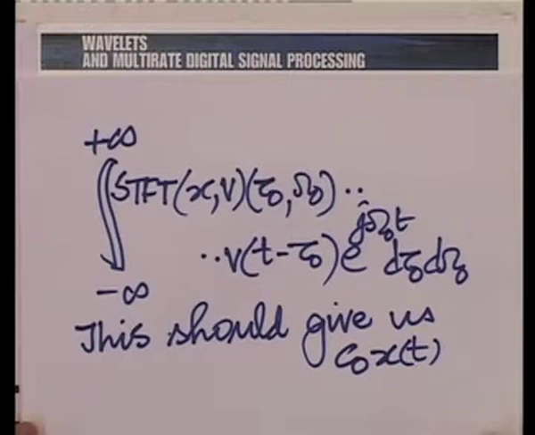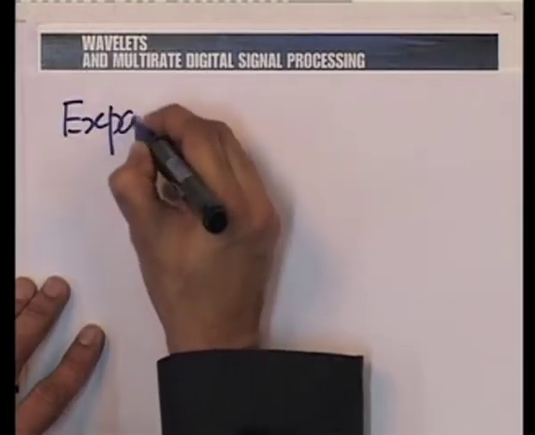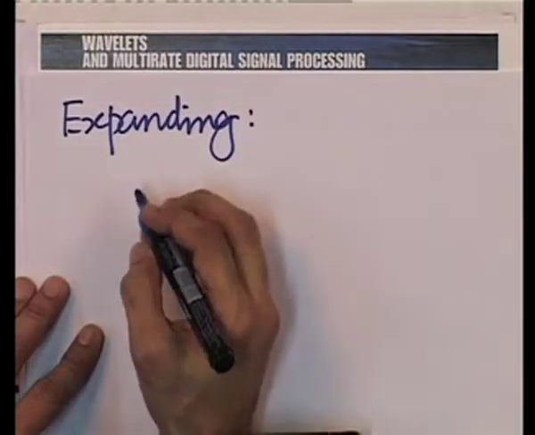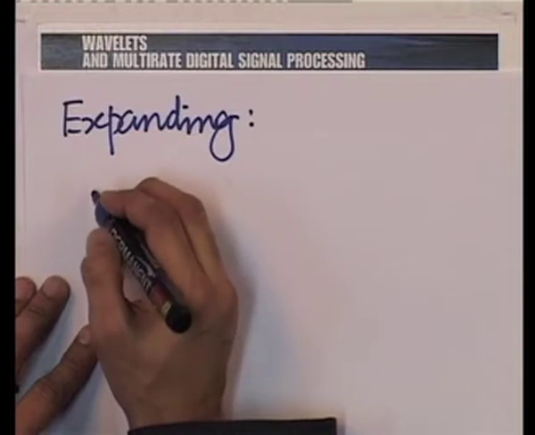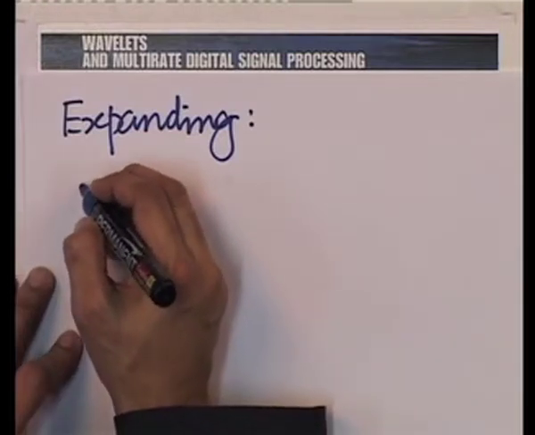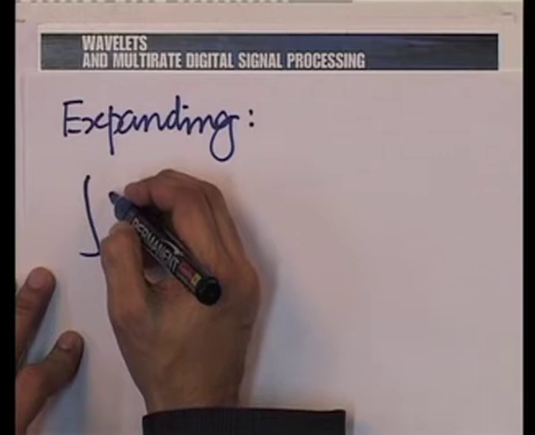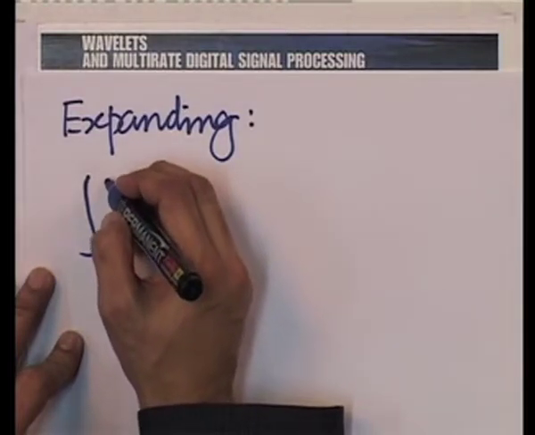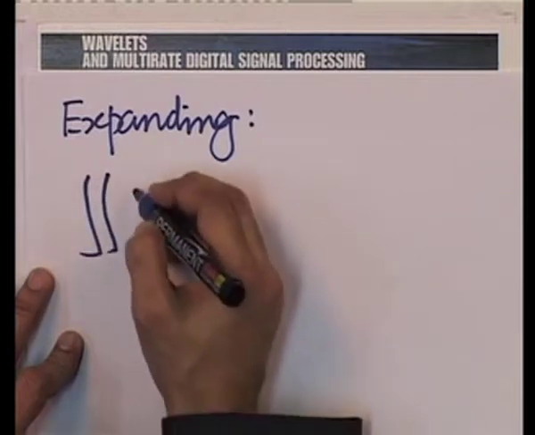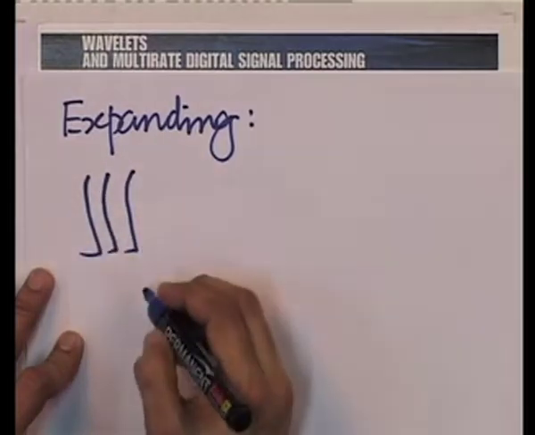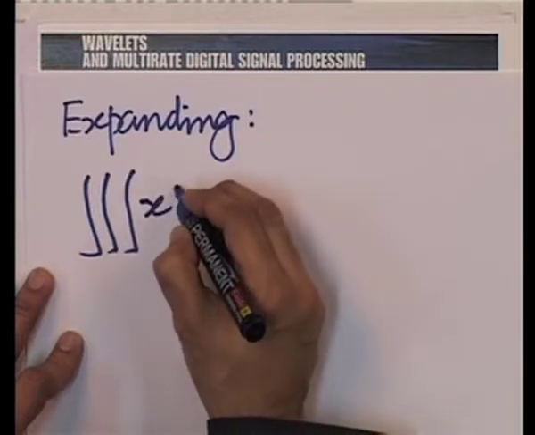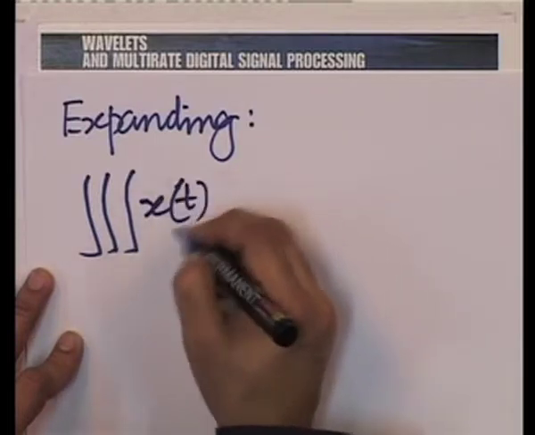So, expanding, we have a triple integral. One should not be frightened of the triple integral. It just requires a little bit of rearrangement afterwards. So, the innermost integral is essentially to calculate the STFT.